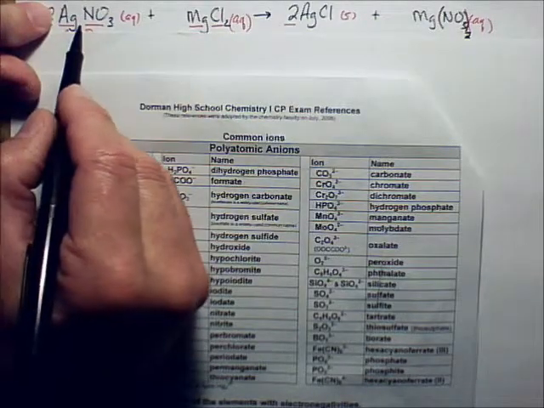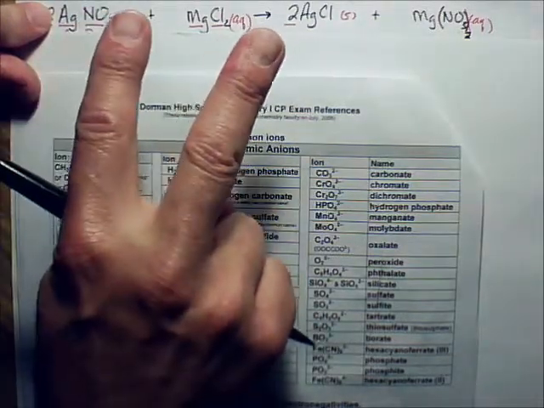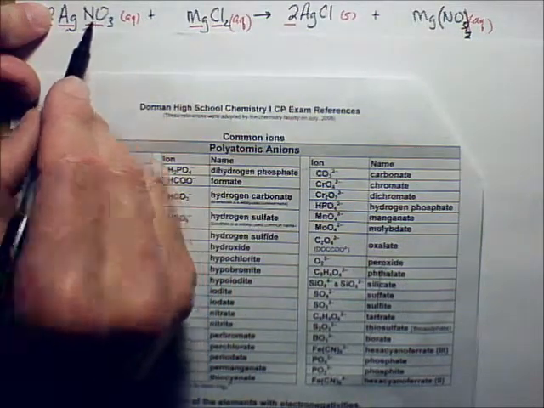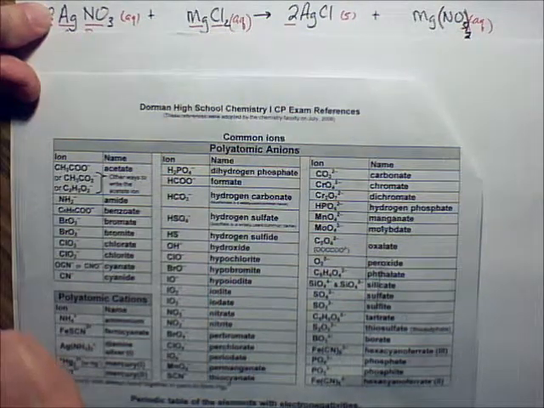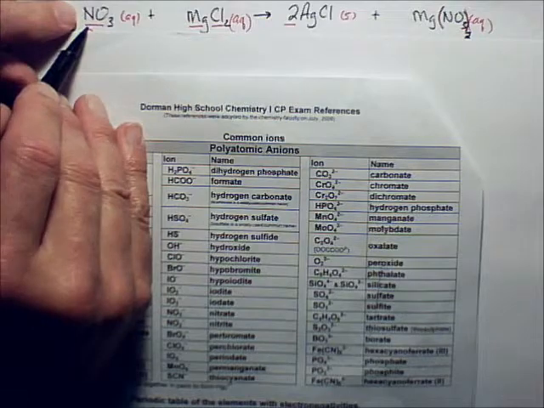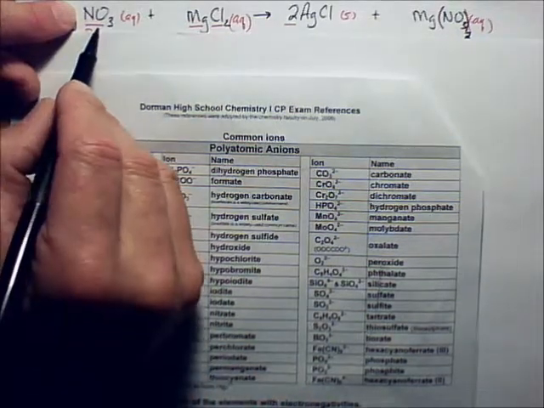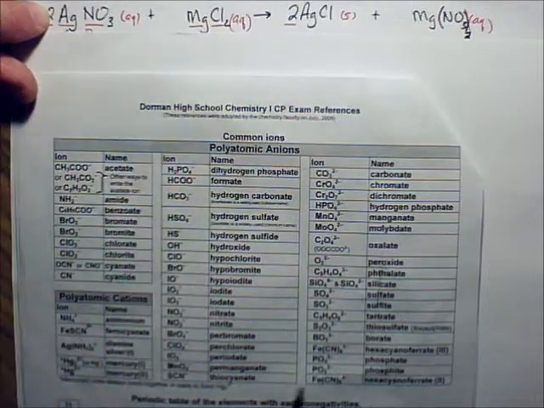So, one of two ways that you can tell if you have an ionic compound is if there's a polyatomic ion in the formula. That's a polyatomic ion. It's on the common ions list right down here. This must be an ionic formula. Okay?